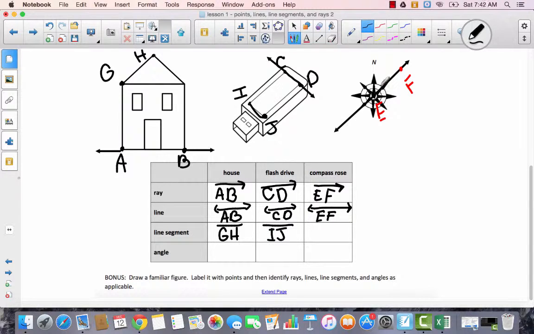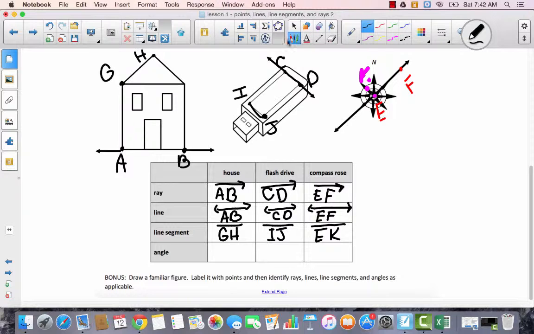And then let's come over here. This one's kind of hard because it's so small. So I could do a line segment here and a line segment here, and this is already point E, so I'll call this point K. So I have line segment EK.